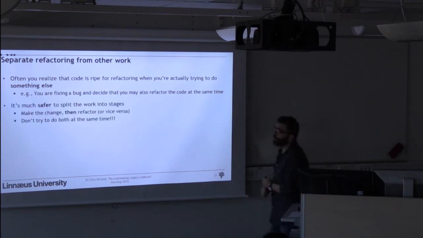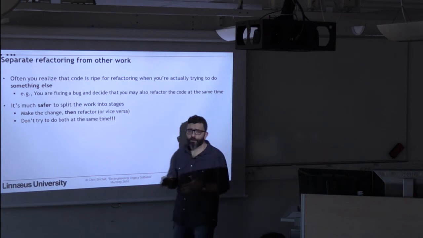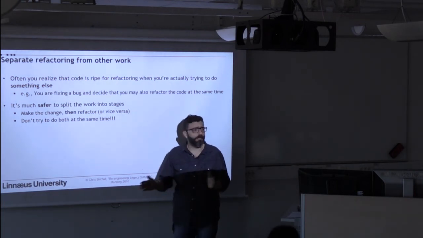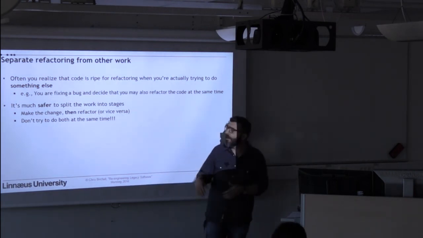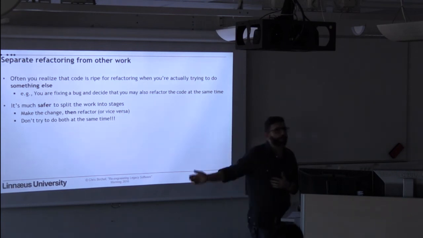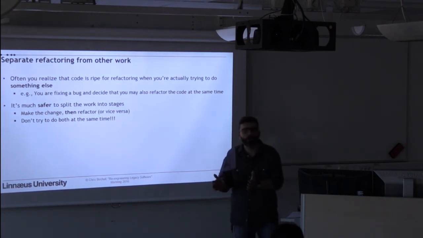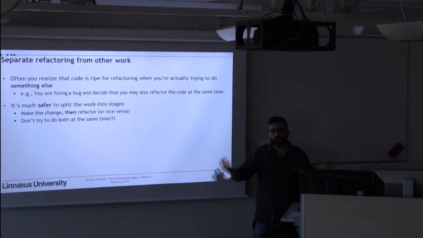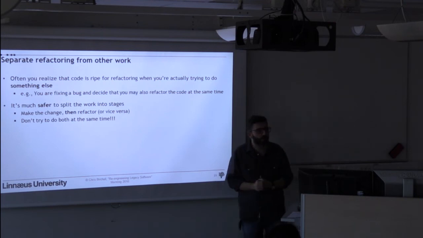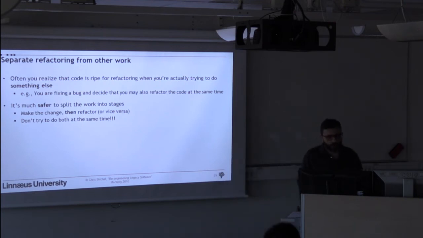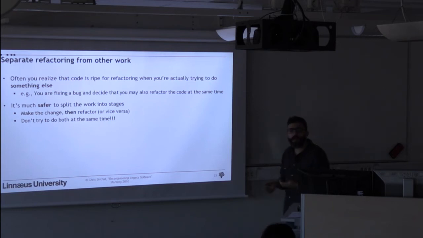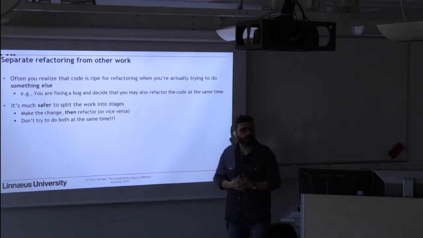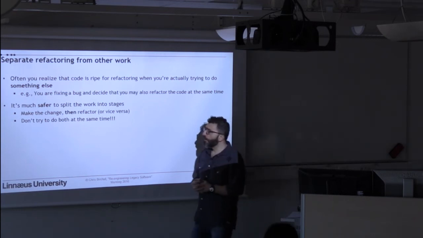It's much safer if you split the two things. First, make the change and fix the bug, then refactor, or vice versa. You first refactor and split the class in two classes to increase the readability and the quality of the code. Then you can fix the problem.